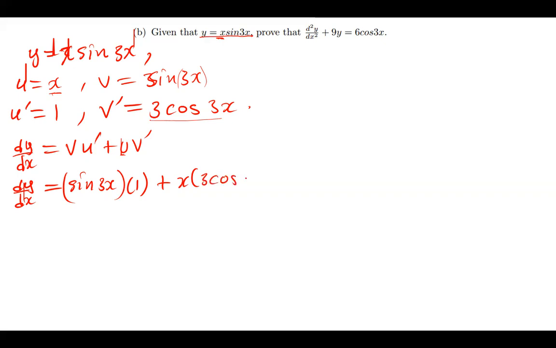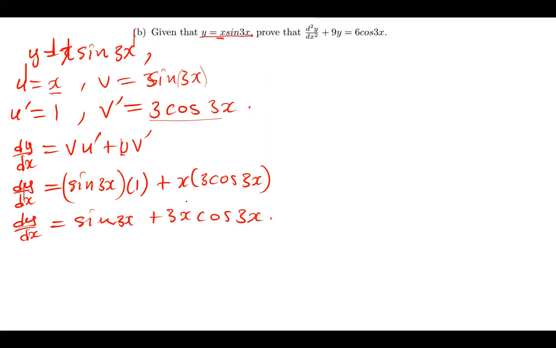When we simplify this, we have dy dx as sine 3x plus 3x cos 3x.